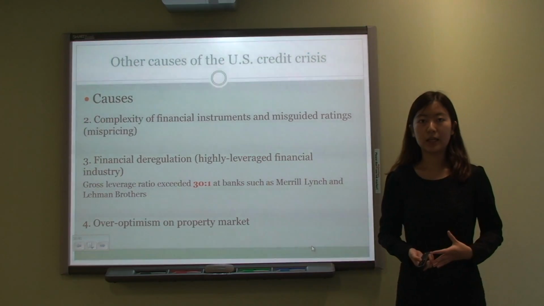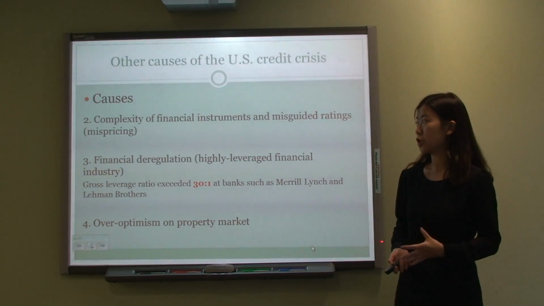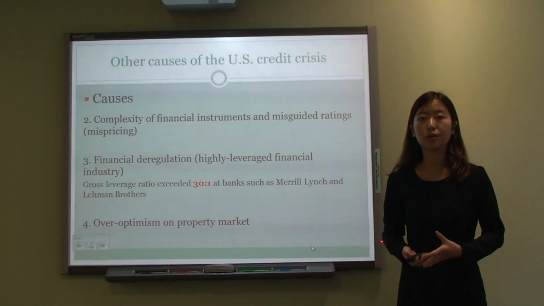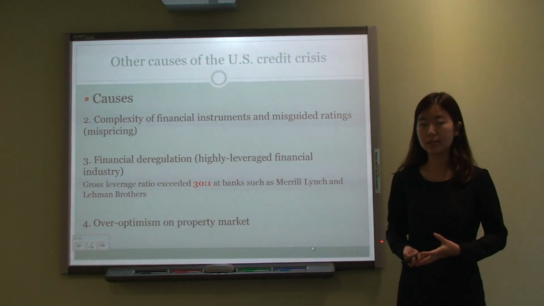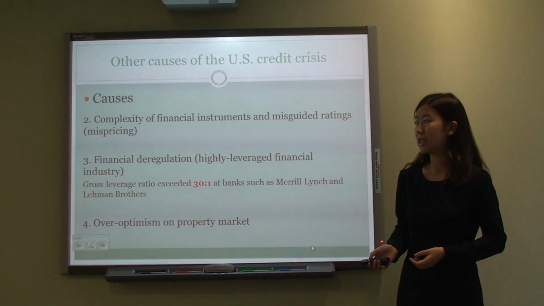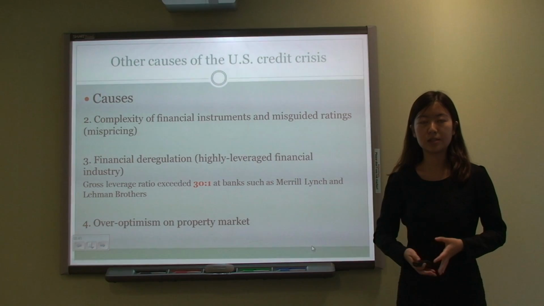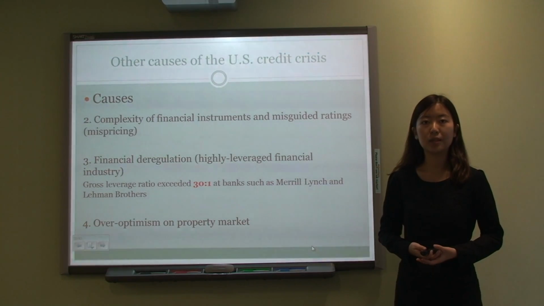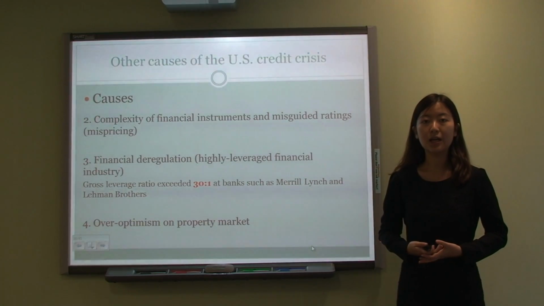And also, secondly, the complexity of the financial instruments and misguided ratings, which led to the mispricing of the financial products, also contributed to the occurrence of the crisis. And as importantly, financial deregulation also stimulated the occurrence of the crisis. For example, in 2004, the SEC loosened the capital requirements for investment banks.